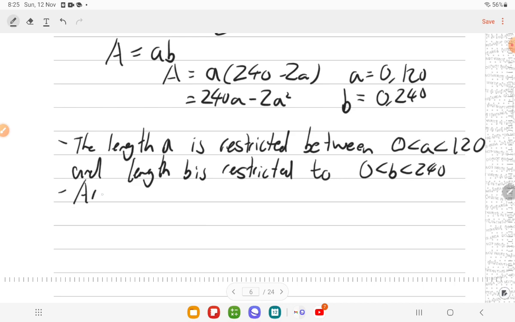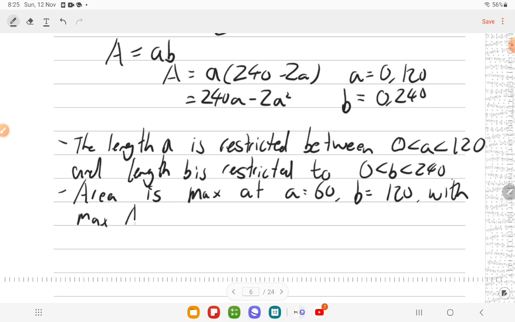Area is maximum at A equals 60, B is equal to 120, with max area equal to 7,200 meters squared.